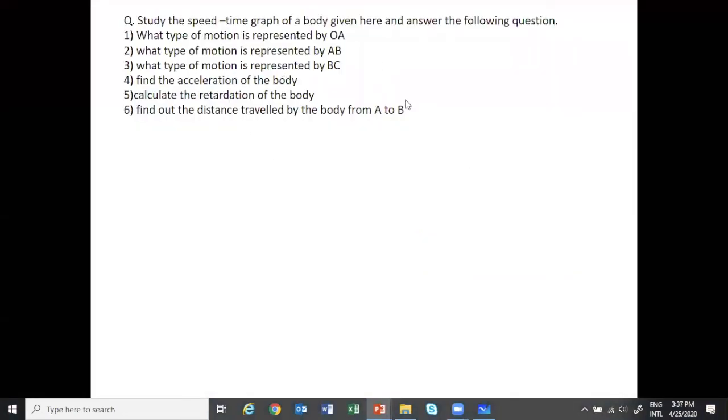Speed time graph of a body is given here. Answer the following questions.